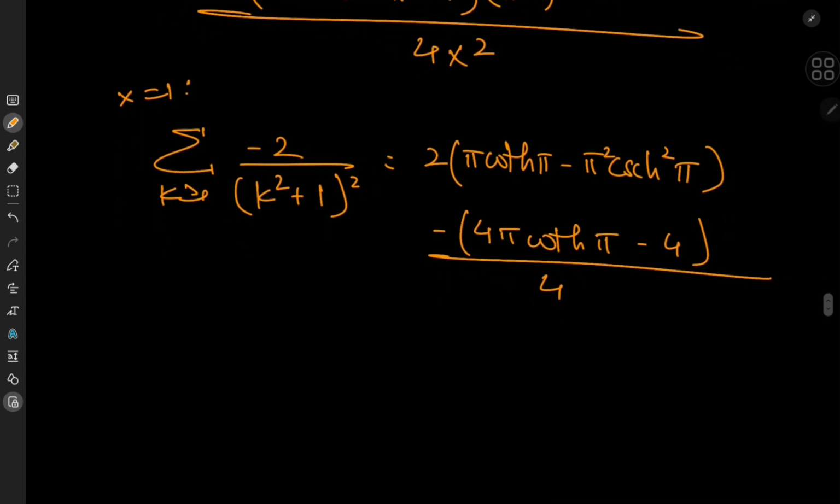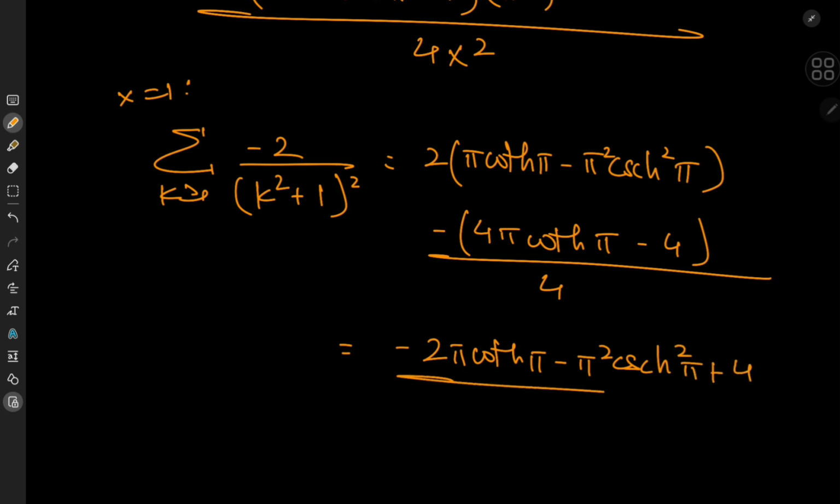So notice that I have 2 times pi times hyperbolic cotangent minus 4 times pi times whatever. So that gives me negative 2 pi hyperbolic cotangent of pi minus pi squared times hyperbolic cosecant squared pi plus 4 divided by 4. And wait, we have a negative 2 on the right-hand side.